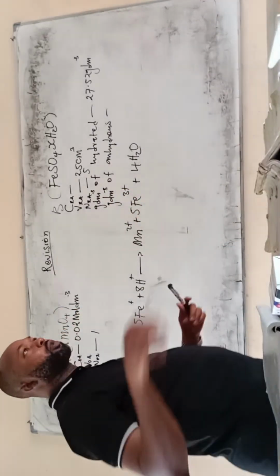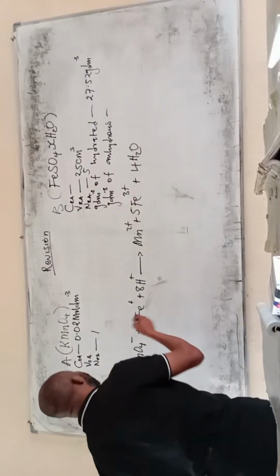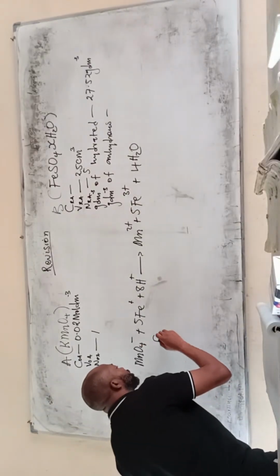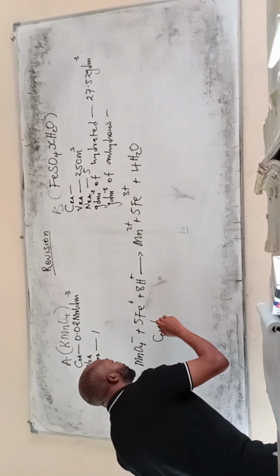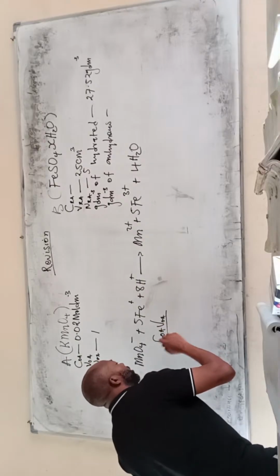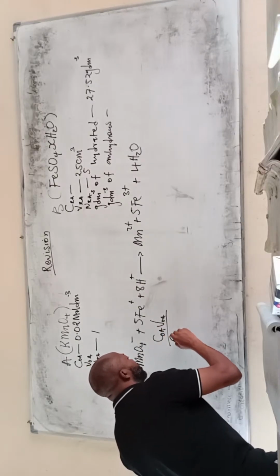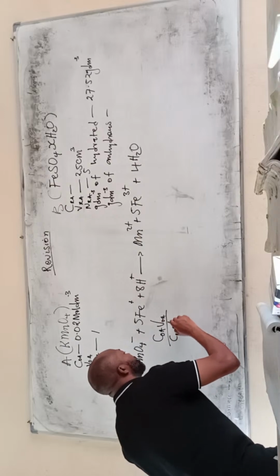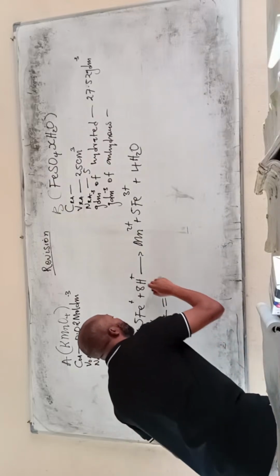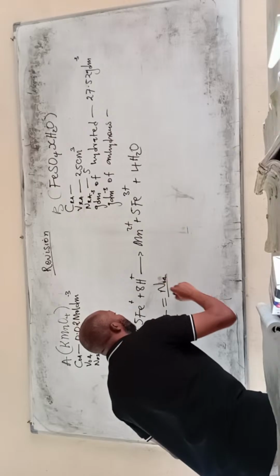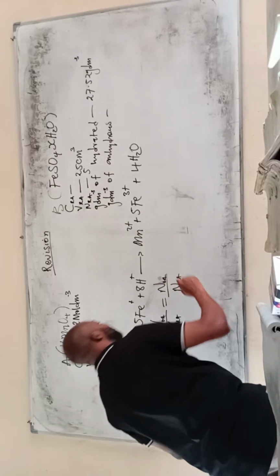For us to get the molar concentration of that, we are going to use our formula as usual. The concentration of oxidizing agent and volume of oxidizing agent over concentration of reducing agent and volume of reducing agent equals the number of moles of oxidizing agent over number of moles of reducing agent.